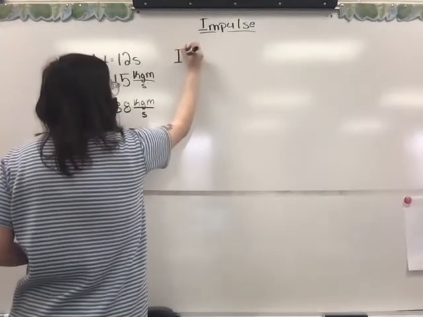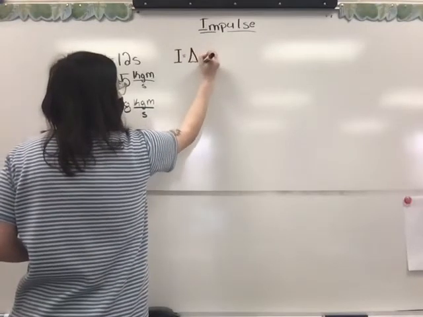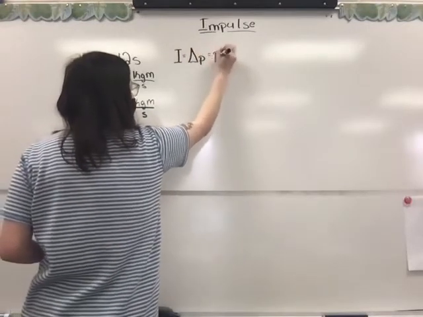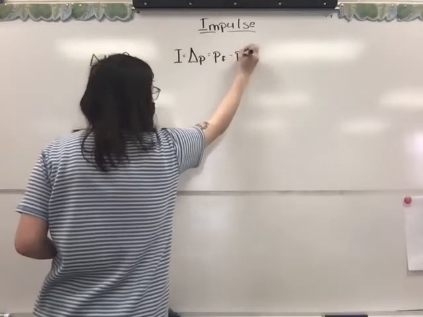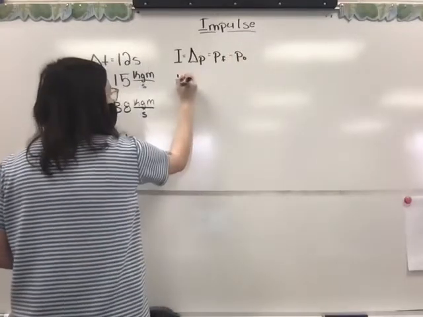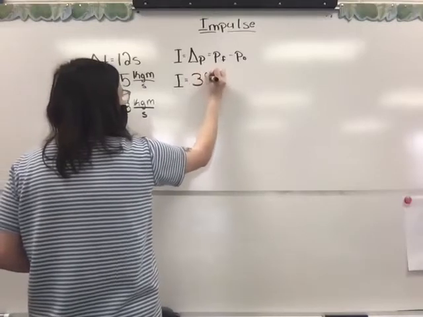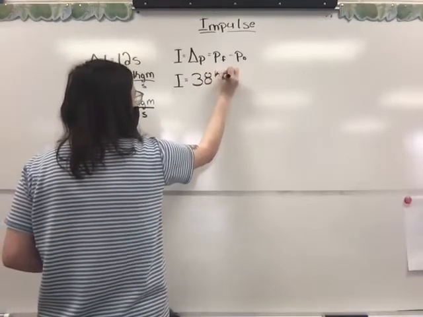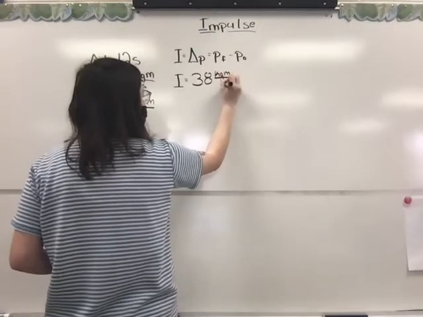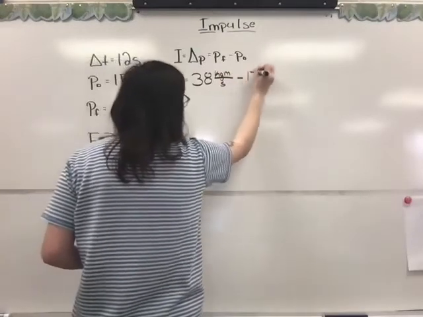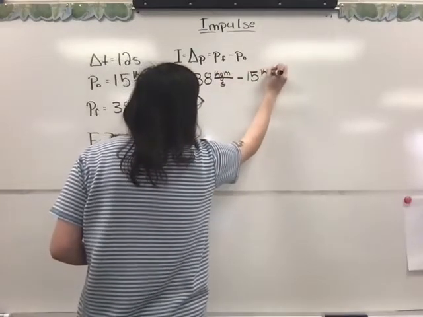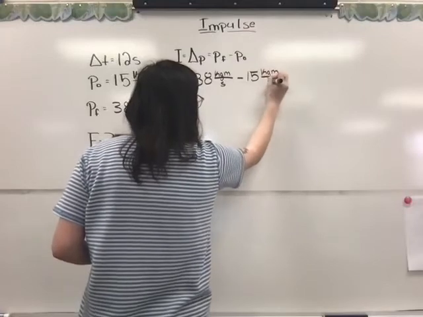So if we know that impulse is equal to the change in momentum, which is the final minus the initial, we can say that the impulse is equal to 38 kilogram meters per second minus 15 kilogram meters per second.